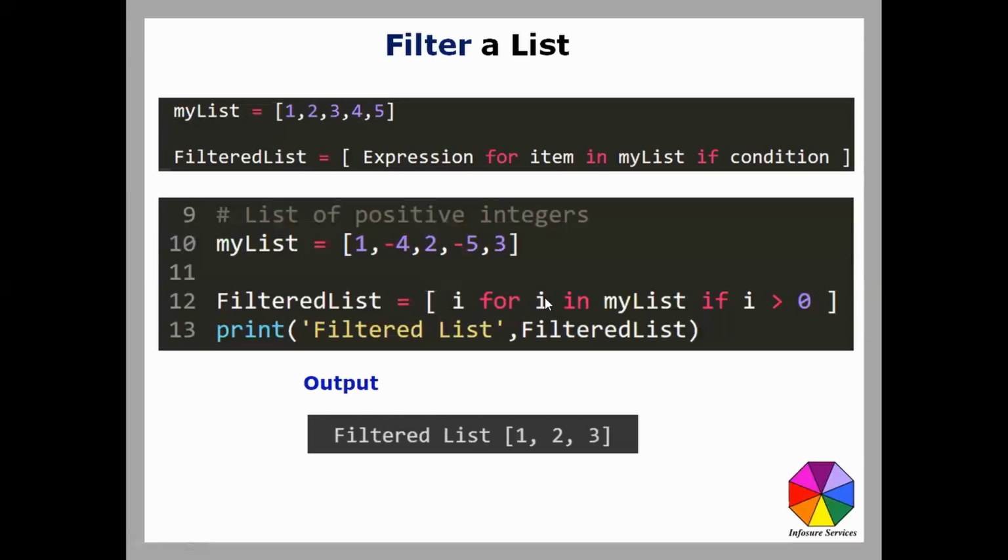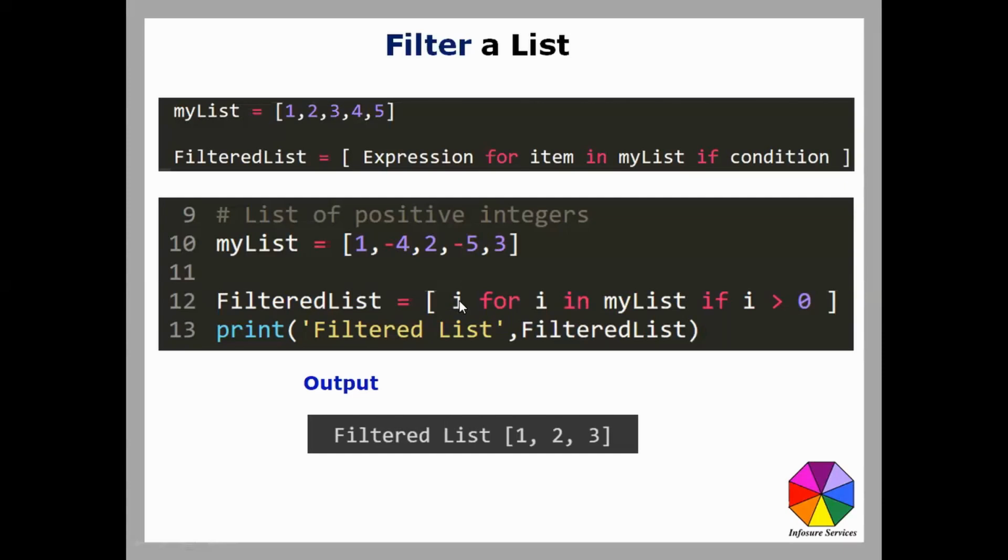I can just put it before the for: i for i in my list. And you can use 2i, 3i, or any expression of this index. Each time the expression will be calculated and that list will be formed.